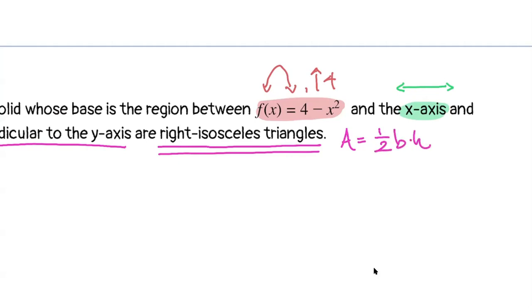And because this is an isosceles triangle, what do we know about this formula? Like, how can we be even more specific about this formula? I think the hint there lies in the word isosceles, what that means.